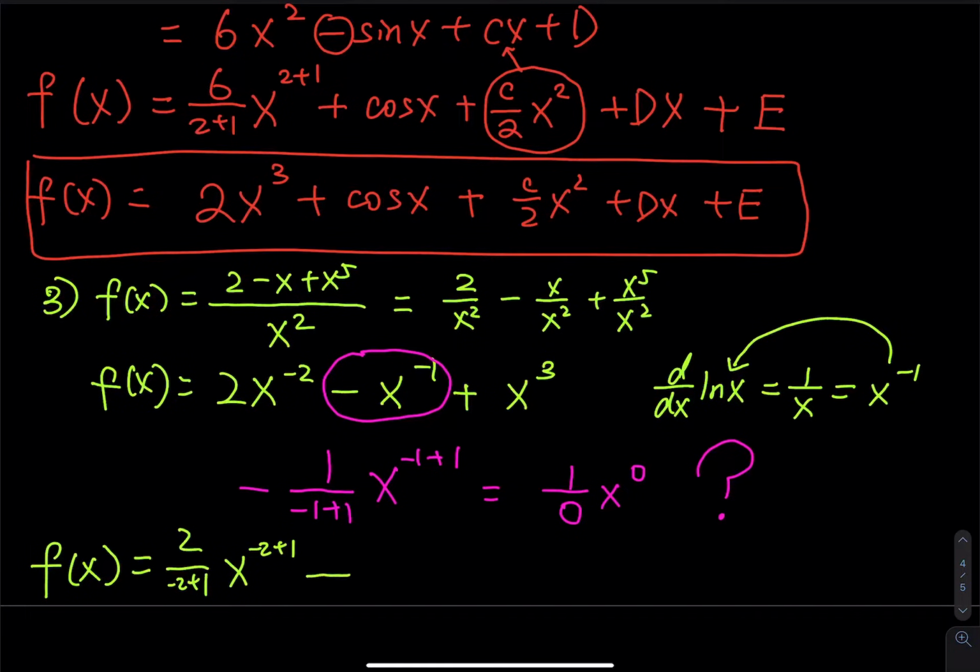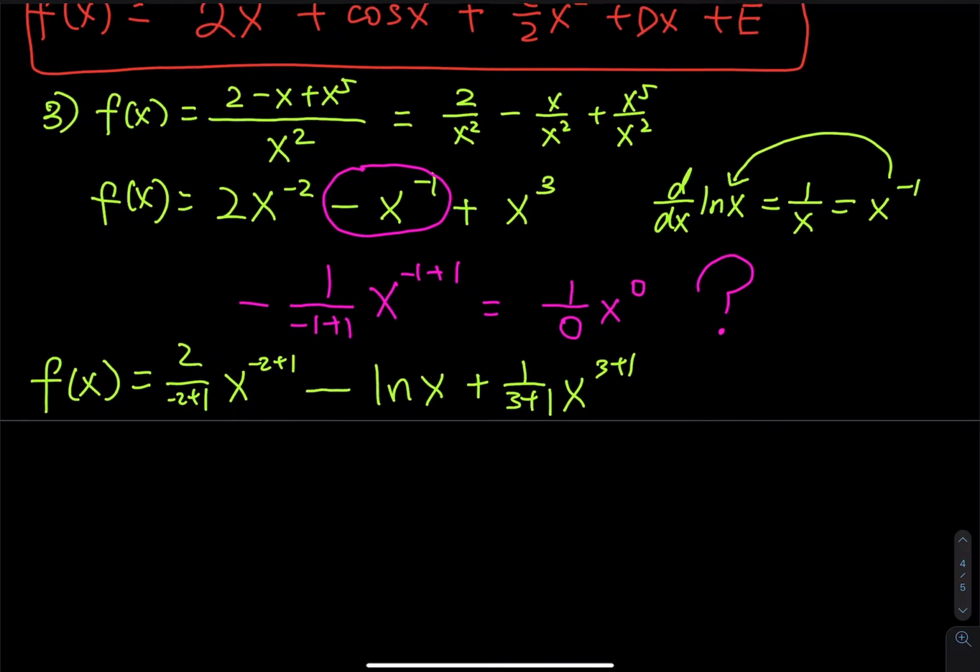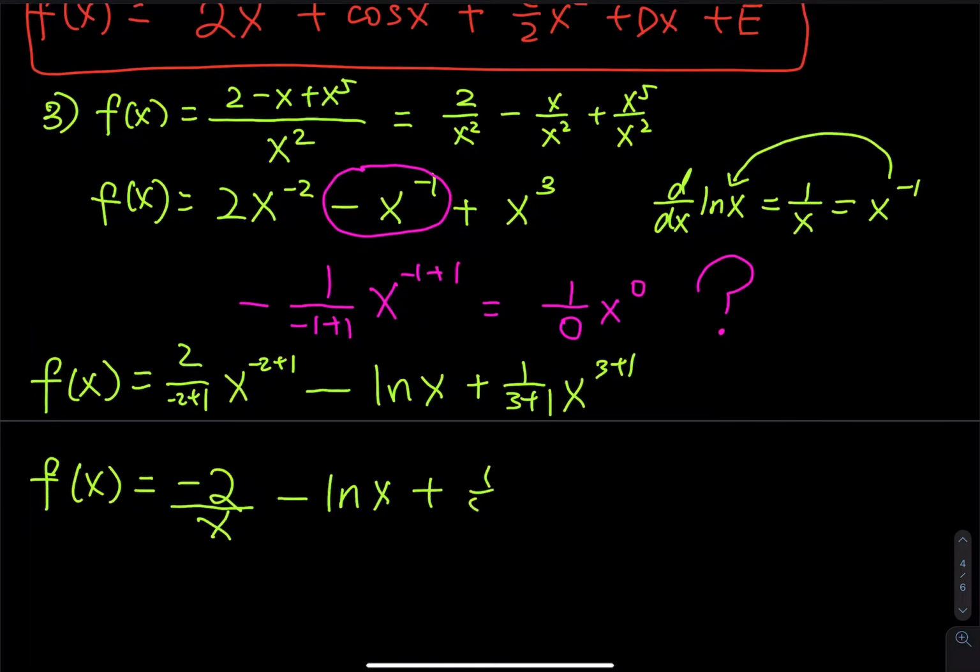The antiderivative of x to the negative 1 is ln x, and then this is x to the 3 plus 1, divided by 3 plus 1. And then we clean up the coefficient. F of x is equal to negative 2 x to the negative 1, so that will be just this, right? And then minus ln x, and then plus 1 over 4 x to the 4th.